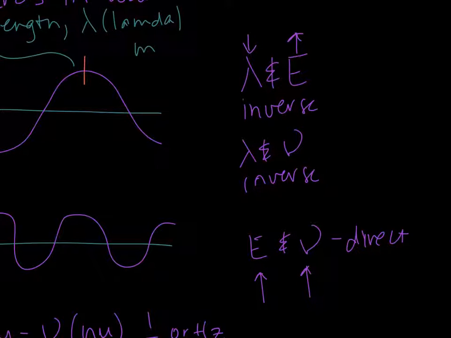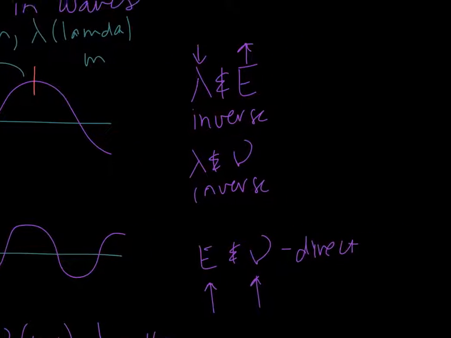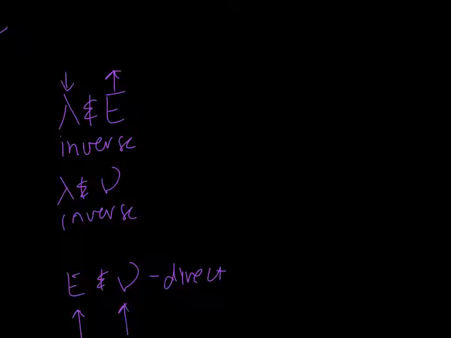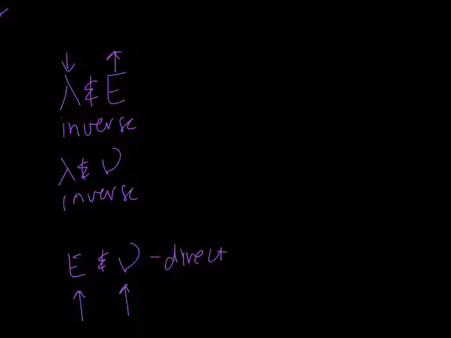And so there's a way to mathematically connect these three, and that's what we're going to talk about, and I'm going to solve some problems so that you guys can see some examples. All right, so the relationship between wavelength and frequency is what I want to talk about first.